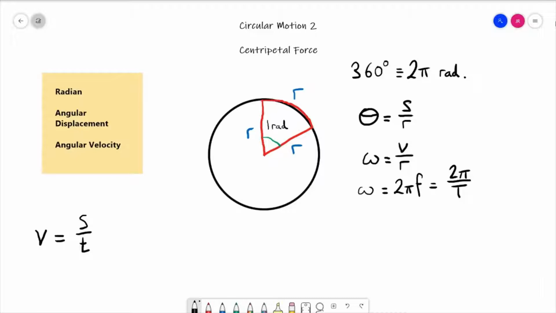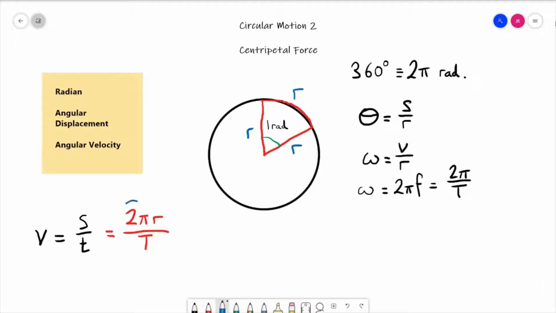If we consider, just like last lesson, one complete rotation of the circle, if the object starts at the top at the 12 o'clock position and goes all the way round and back to that 12 o'clock position, then the total distance it's moved is the circumference of the circle. Now the circumference of the circle is calculated by 2 pi times r. The time period, again by definition, capital T, is the time taken for one complete rotation.